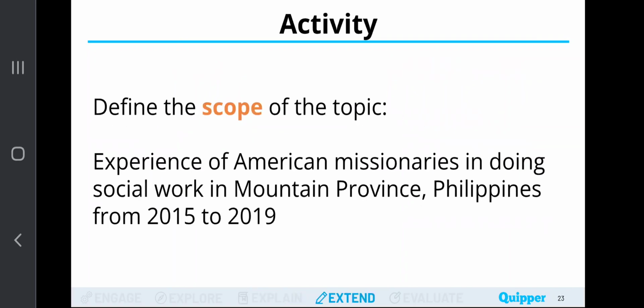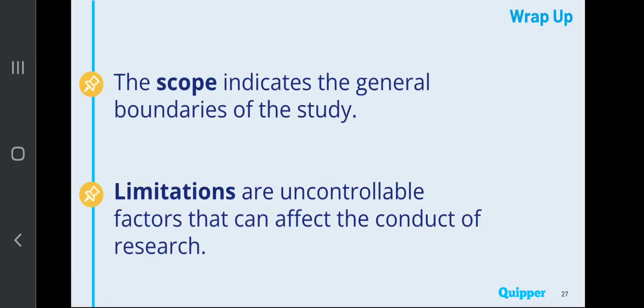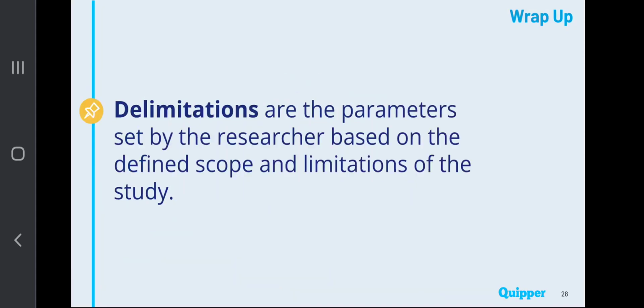Now, with this particular lesson class, I want to wrap up our discussion with these key points. Take note, the scope indicates the general boundaries of the study, while limitations are uncontrollable factors that can affect the conduct of research, while the delimitations are the parameters set by the researcher based on the defined scope and limitations of the study.